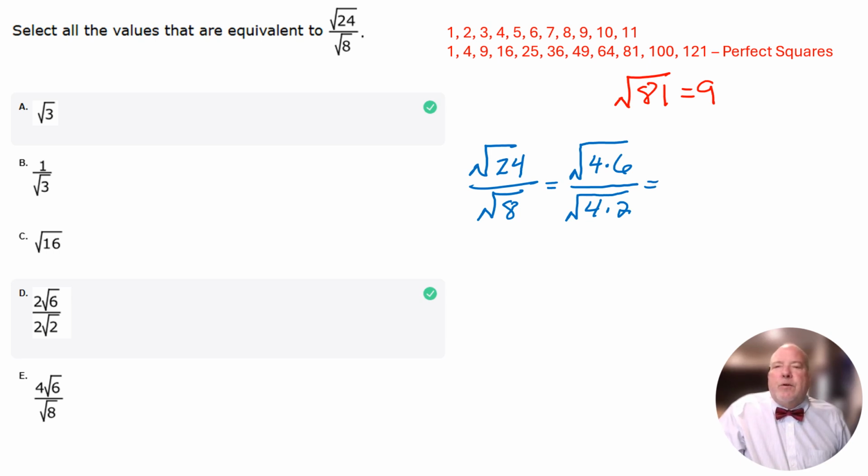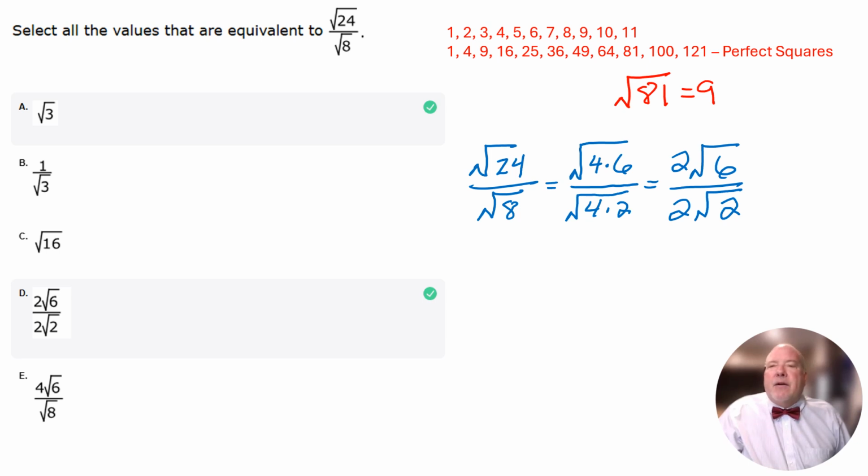Square root of 4 is 2, so that would become 2 square root of 6. And then square root of 4 is 2 in the denominator, so I can bring that out, and I have 2 square root of 2. Okay? 2 over 2 is going to cancel out. And so 2 over 2, that would be 1. It goes away.